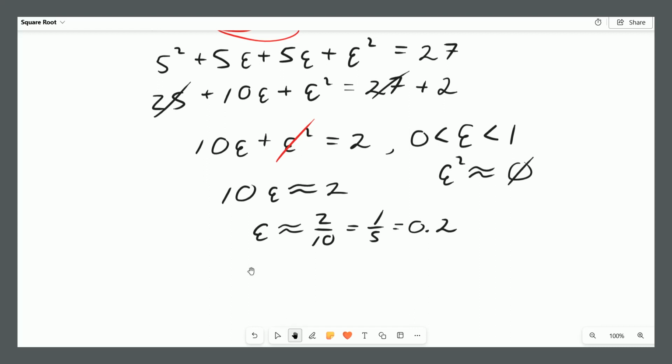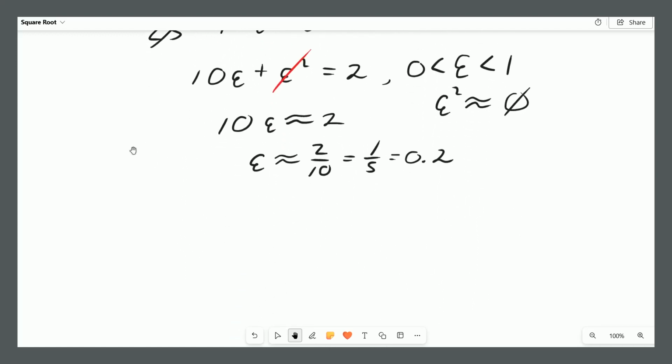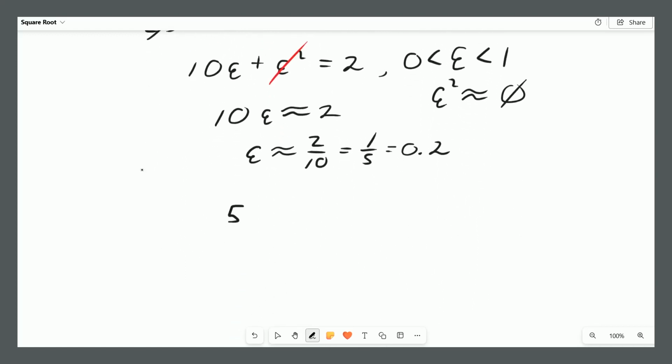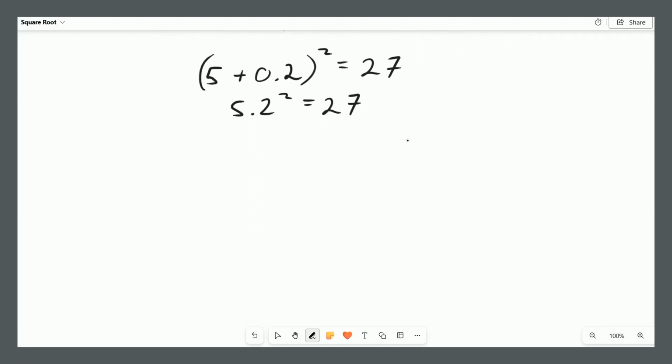Now remember what we started with. (5 + epsilon)² equals 27. So (5 + 0.2)² equals 27, or 5.2² equals 27, from which we can conclude that the square root of 27 is approximately 5.2.